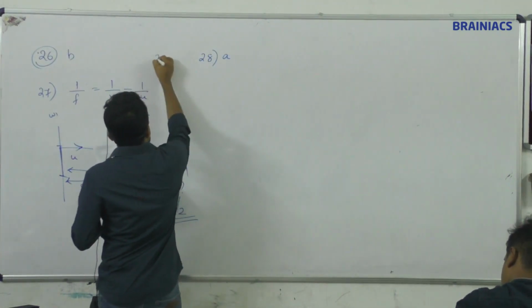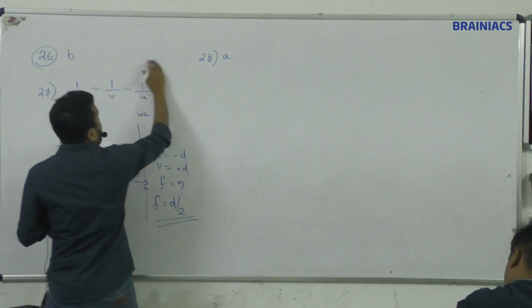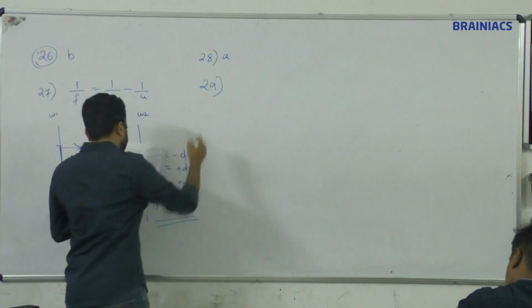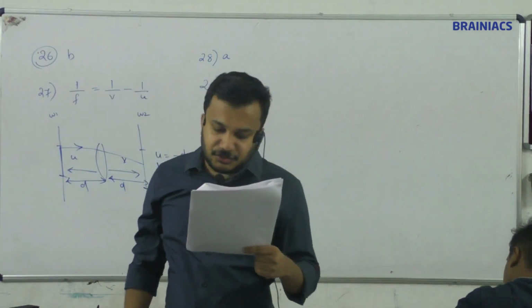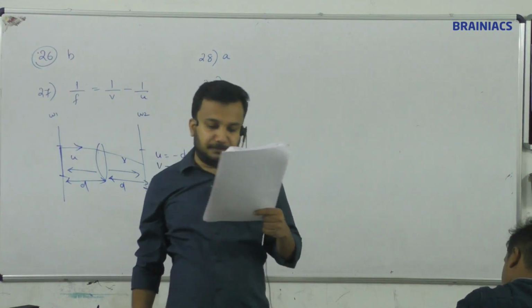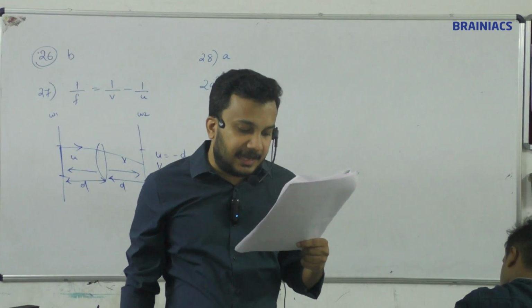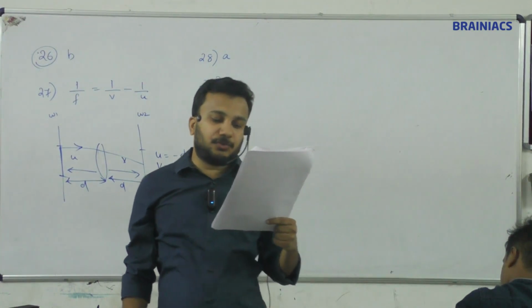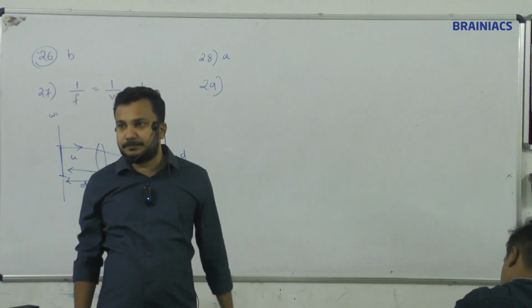28 option A, 27 already we discussed, and 29 we are going now. A ray of light passes through an equilateral prism such that the angle of incidence is equal to the angle of emergence and is equal to 3/4 of the angle of the prism. The angle of deviation?